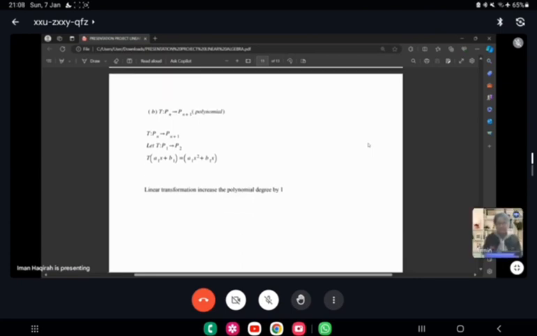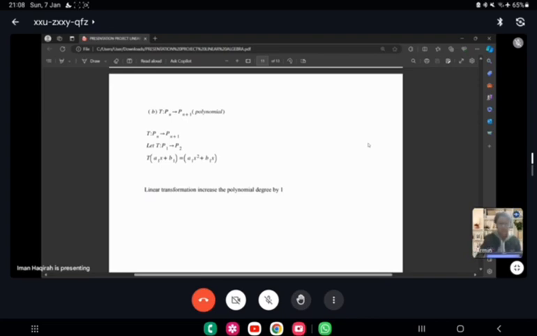All right. My name is Armin Hafiz, and the next linear transformation is for the polynomial. The linear transformation given to me is Pn to Pn+1. First of all, let the transformation be P1 to P2.